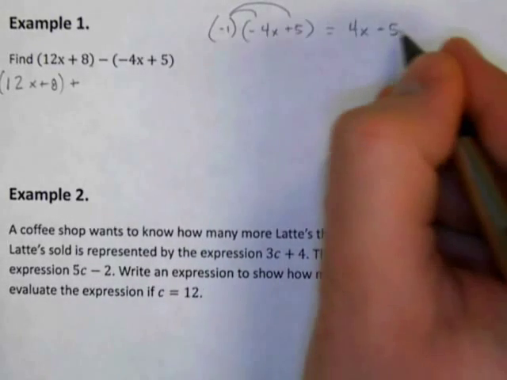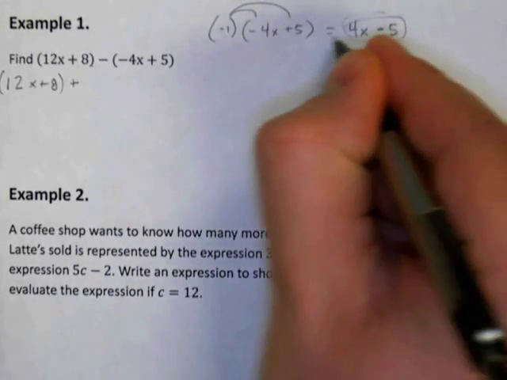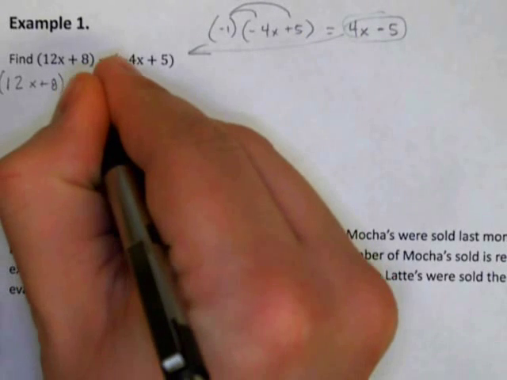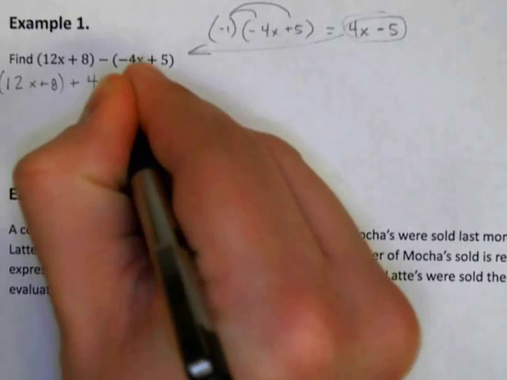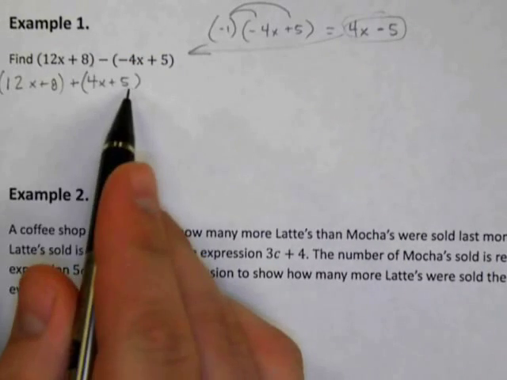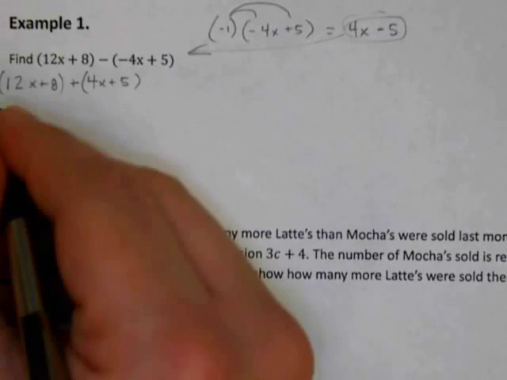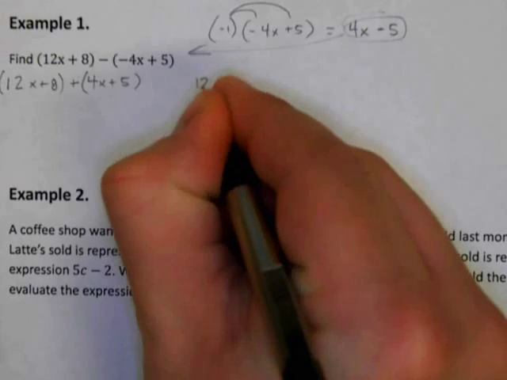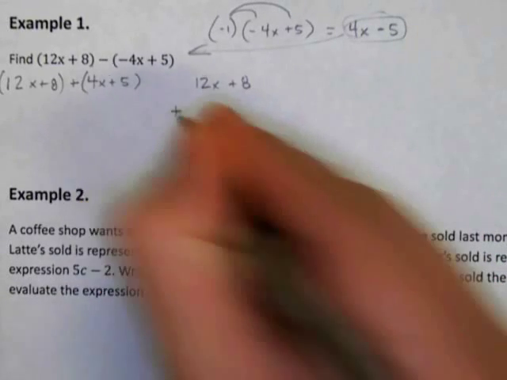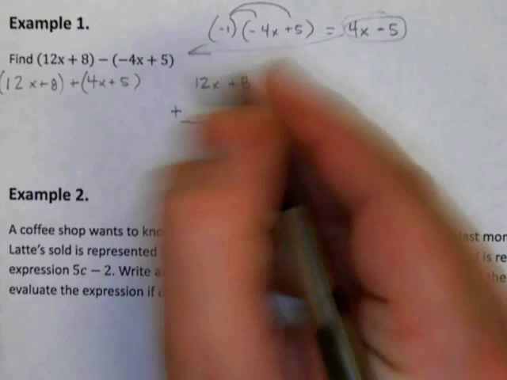Okay, so now I can plug this back into my expression over here, and I can add it to 4x minus 5. Now we just have an addition expression. Now we can simplify it. So I'm going to simplify it by writing my first term, 12x plus 8, and I'm going to add that to 4x minus 5.